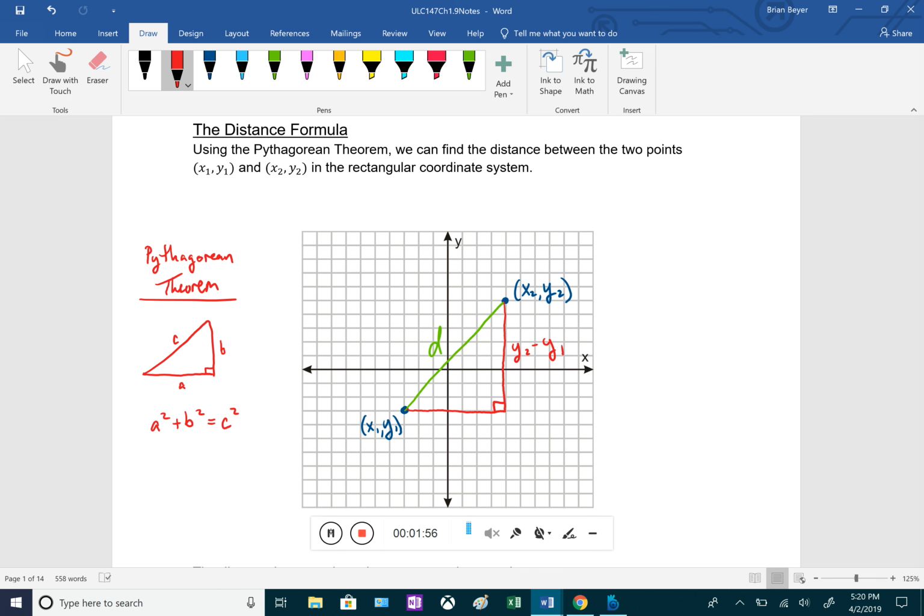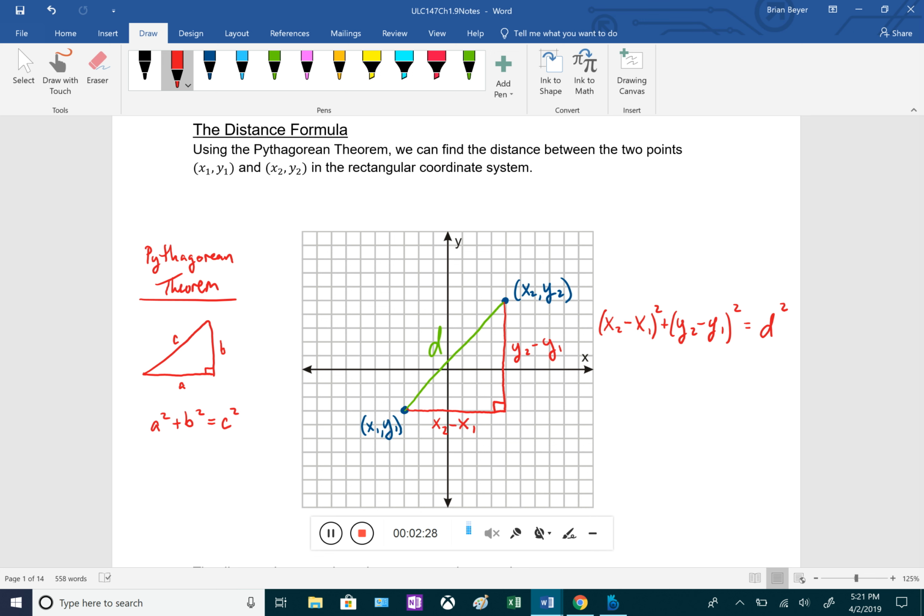The horizontal distance would be the difference in their x coordinates, so x2 minus x1. So based on the Pythagorean theorem, we know that x2 minus x1 squared plus y2 minus y1 squared equals the hypotenuse, which is the distance we're looking for, squared.